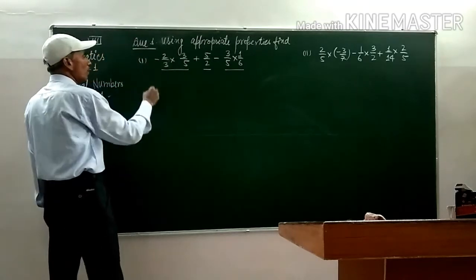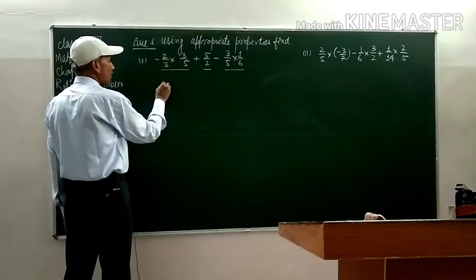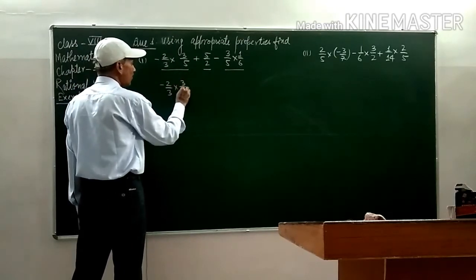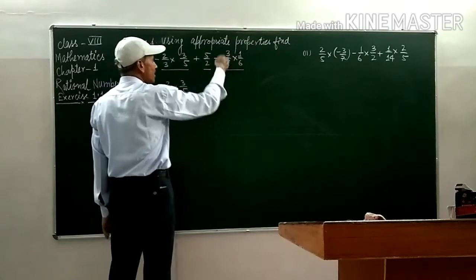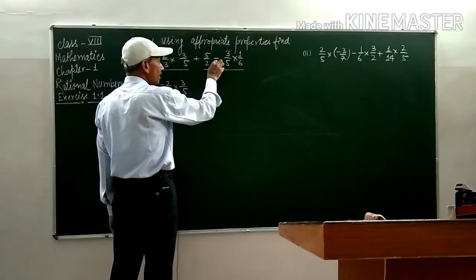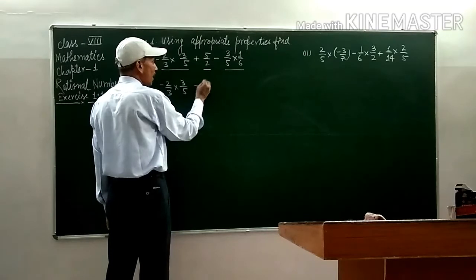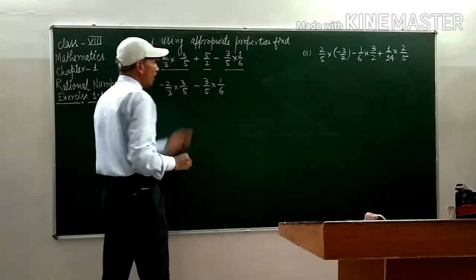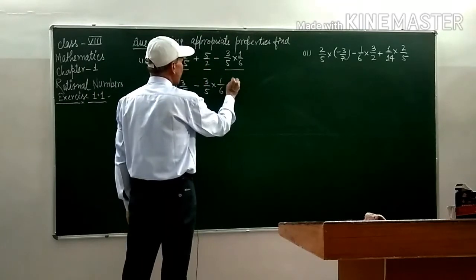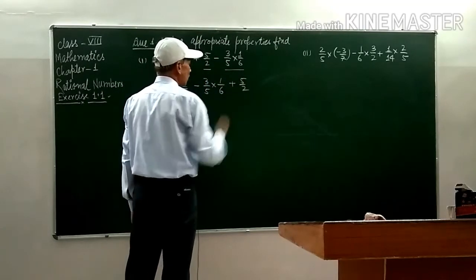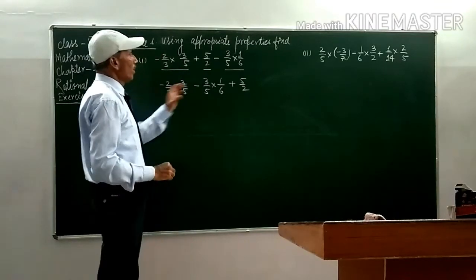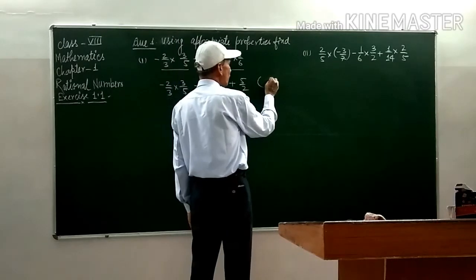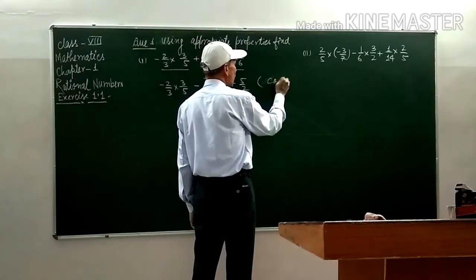So we write this like this: minus 2 by 3 into 3 by 5, and then this number with its sign, minus 3 by 5 into 1 by 6, and put this number alone, plus 5 by 2. Okay students, we have changed the order of the numbers, so we are using the commutative property.